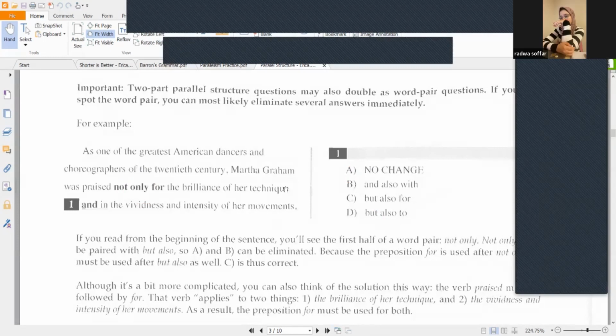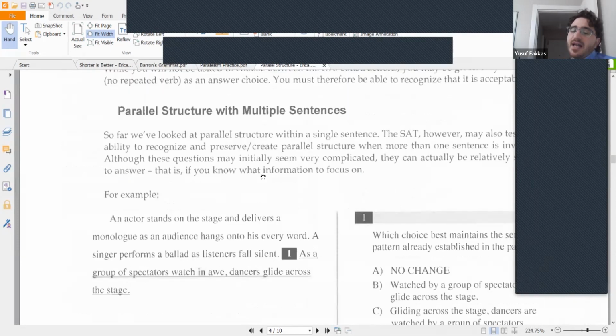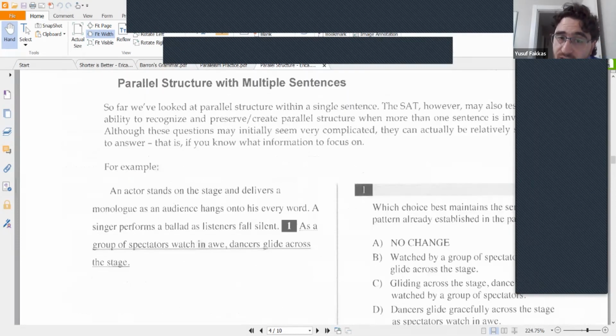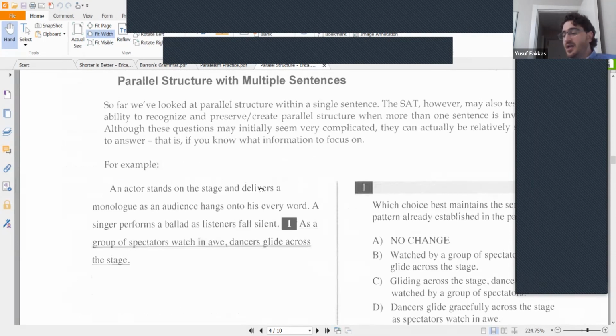All right. One important point I want you to focus on, guys, is that sometimes we can have a parallel structure question with multiple sentences. Everything we've practiced so far is just about a list inside a sentence, okay? But sometimes the parallel structure can happen with multiple sentences, which means if you have 2 or 3 sentences and you want them to be parallel, they must have the same structure. How? First of all, they will always ask the same kind of question.